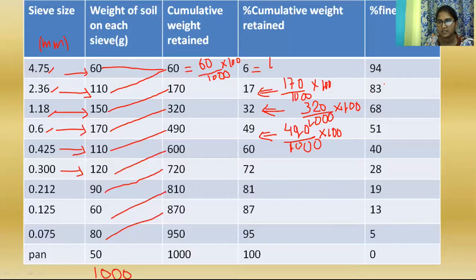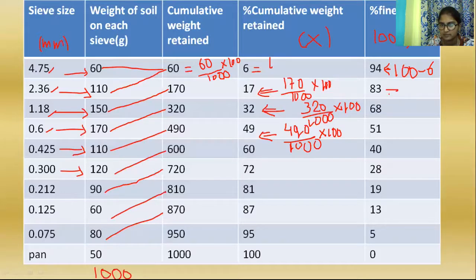Next we get the percentage finer. How to find the percentage finer? Take the cumulative percentage weight retained as x. Percentage finer is 100 minus x. That is 100 minus 6, which is 94.